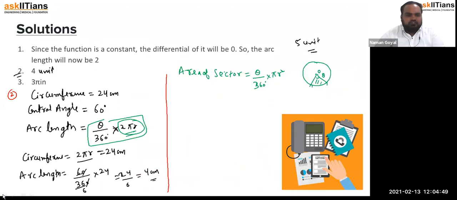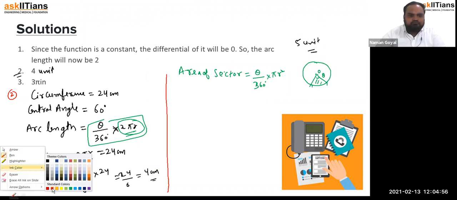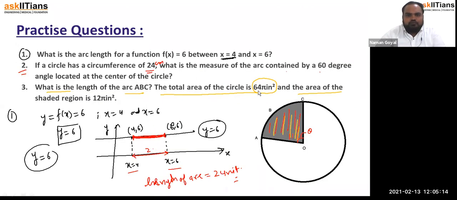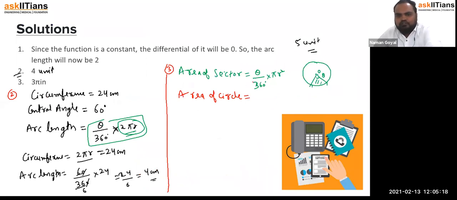So in this question, the area of the circle is given as 64 pi inches square, and the area of the sector is 24 pi inches square.